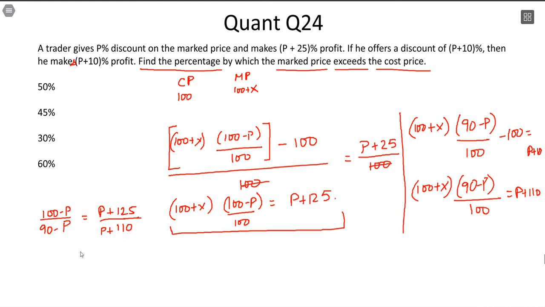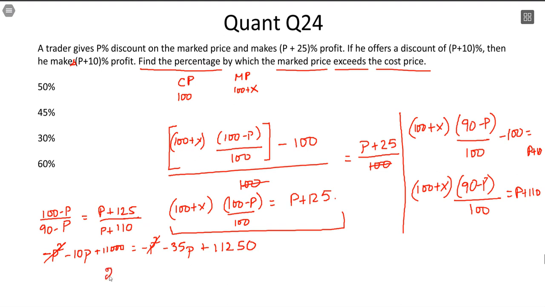Okay, let's multiply this. I will get minus P square, 100P minus 10P plus 11000 is equal to minus P square, so cancel, minus 125P plus 90P, so minus 35P plus 1125, 125 into 9 is 1125, followed by 0.